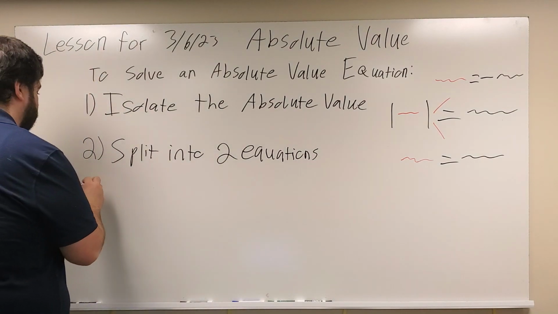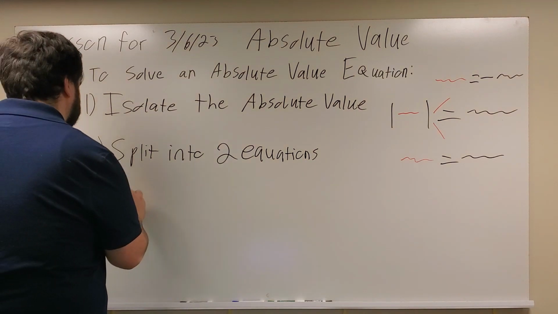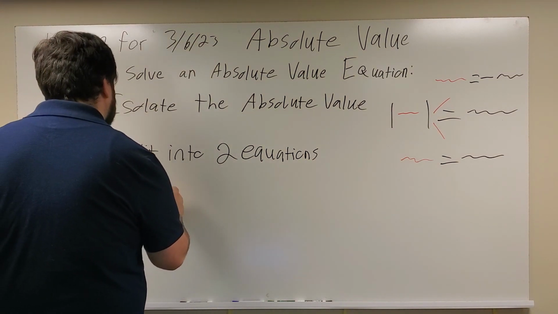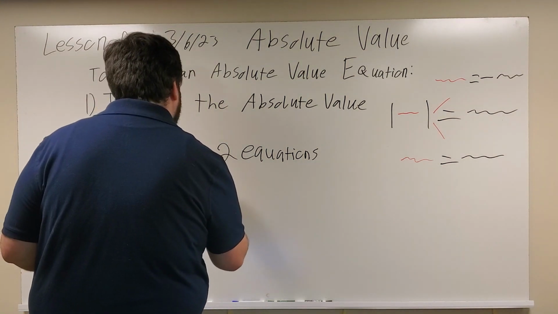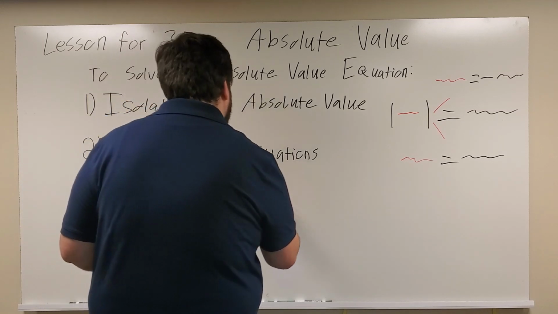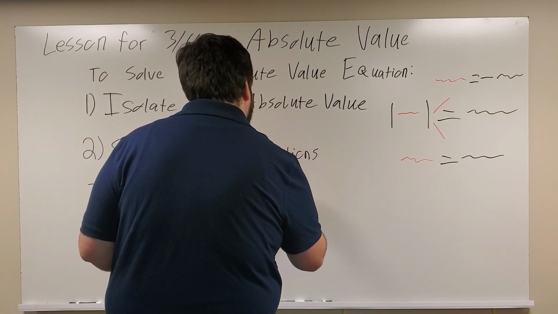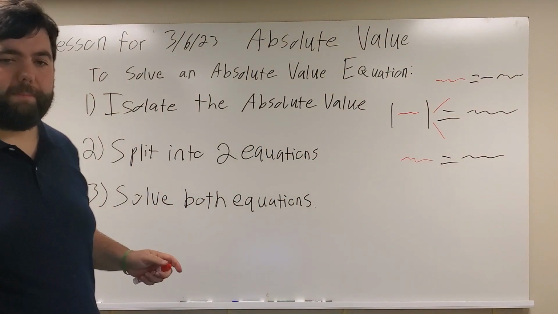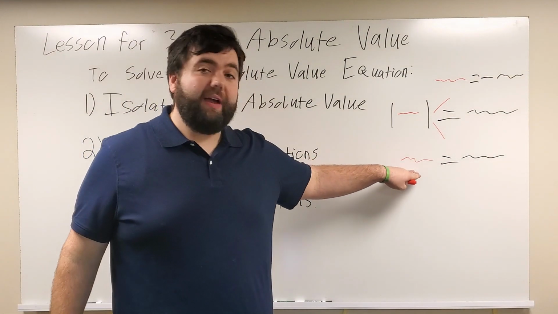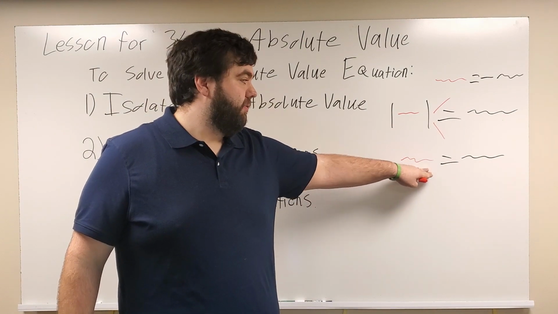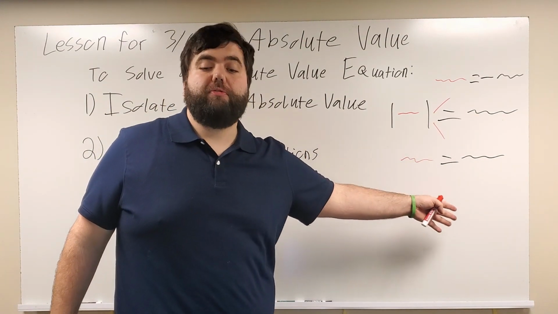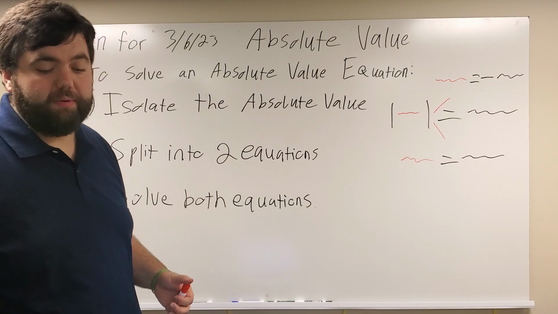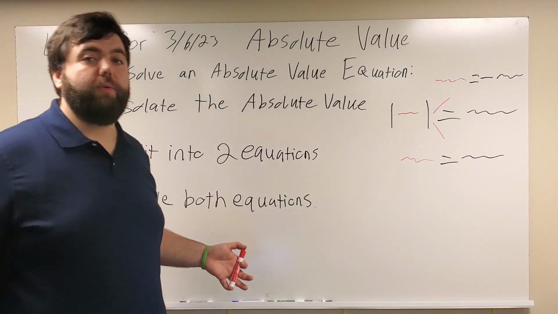Finally, step 3: solve both equations. You'll have a variable inside this red squiggle, and we solve. That's how we're able to solve absolute value equations.